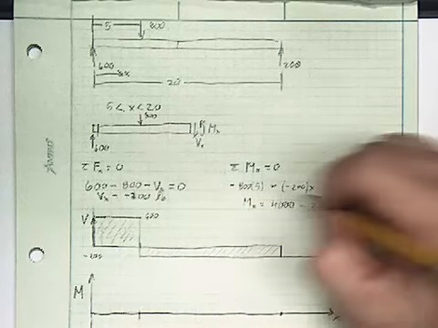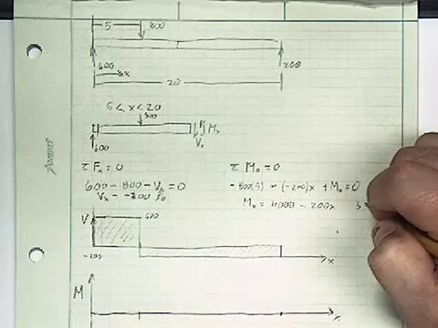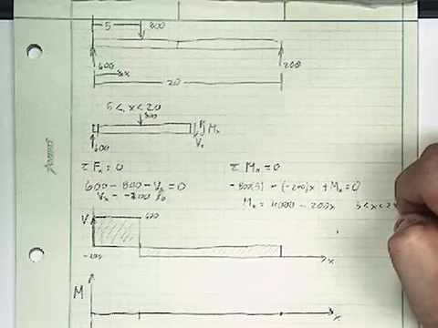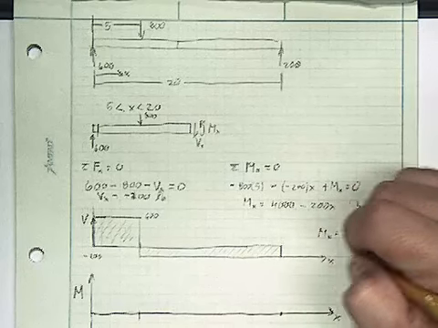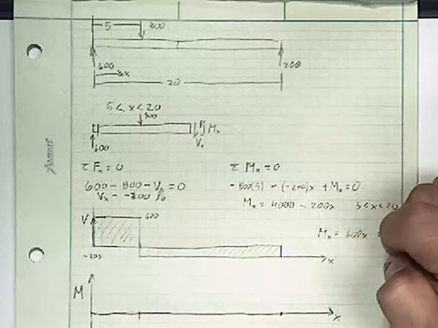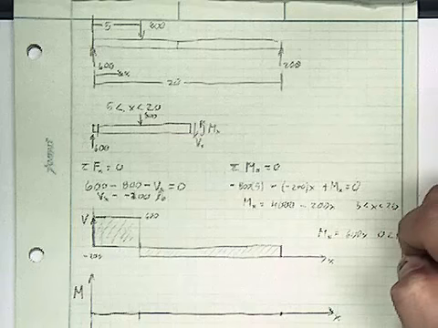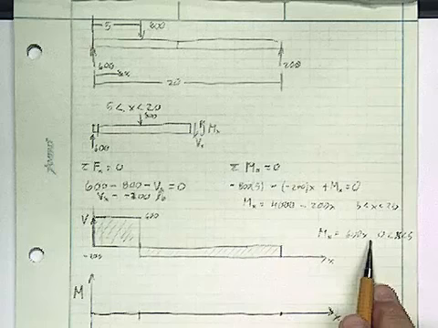Okay. This equation right here, this was for 5 less than x less than 20. Just so that we can remember it, let me write M(x) was equal to 600x for 0 less than x less than 5. So let's look at this first section here.